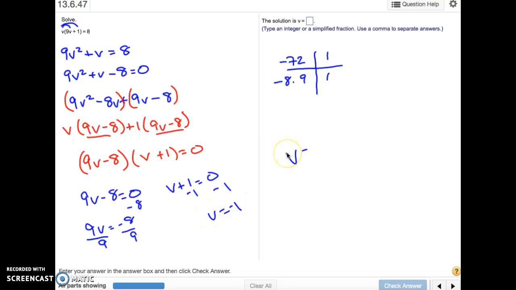So my answers are negative 1 and negative 8 over 9 that I would enter in. So again, the key is make sure that you get everything equal to 0, then factor. Once you have it factored, set each set of parentheses equal to 0, and then solve each one of those. If you have any questions, ask me in class.